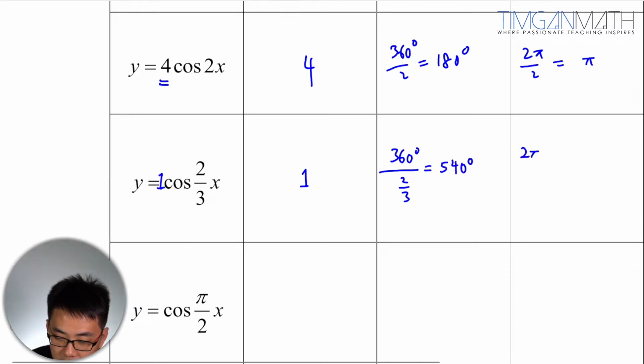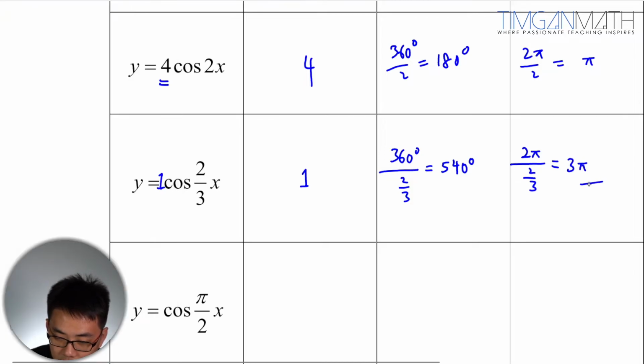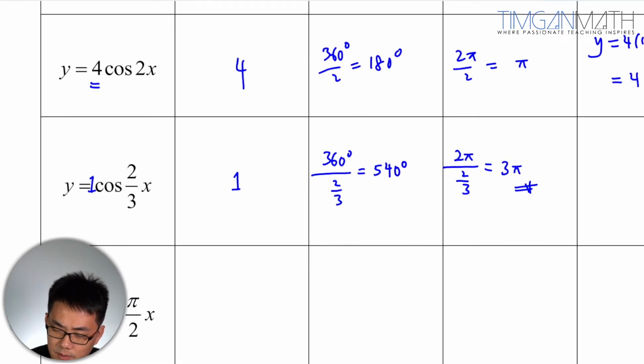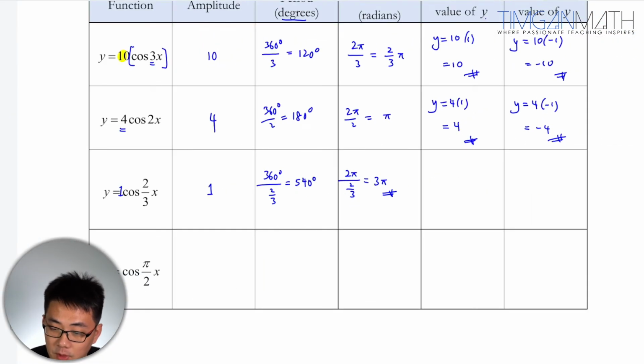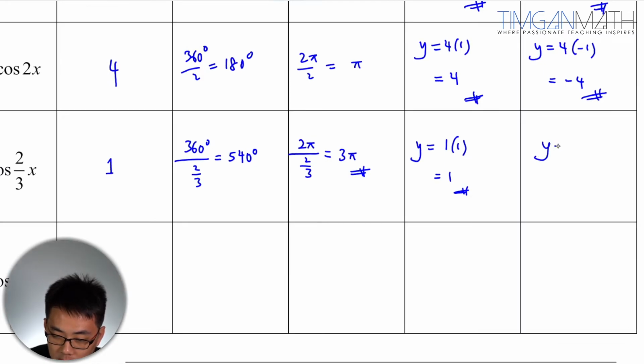Then 2 pi divided by 2/3. Now remember, just take the number that's 2/3, so without the pi, this is actually 3 pi. The max value of y will be y equals 1 times 1, which is 1. And the min value of y will be 1 multiplied by minus 1, which is -1.